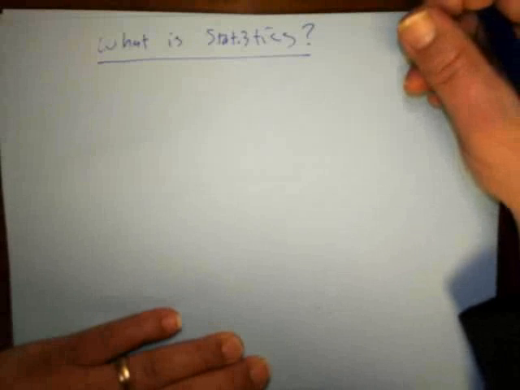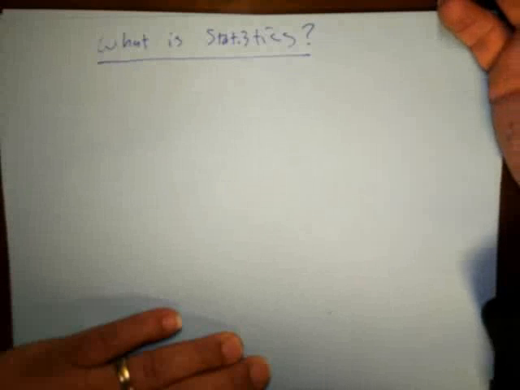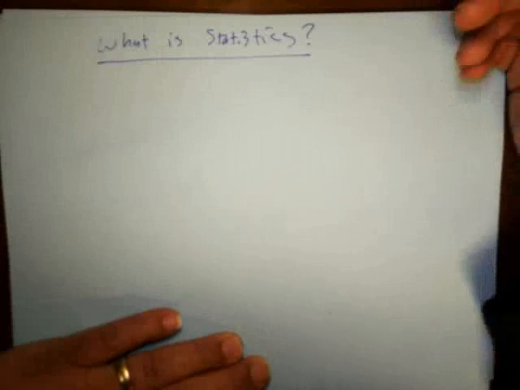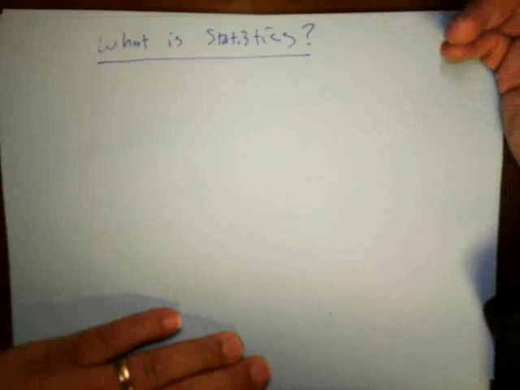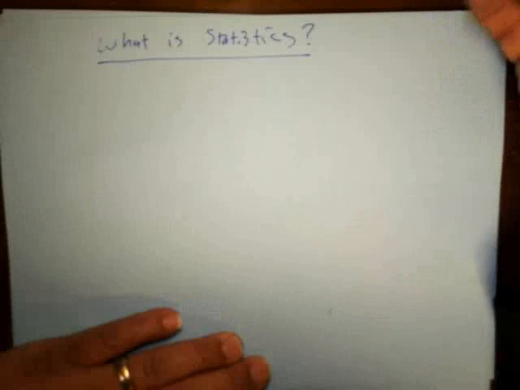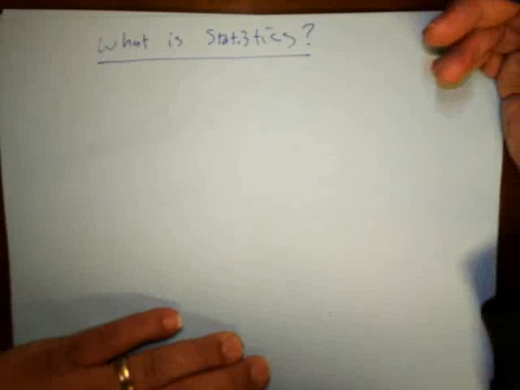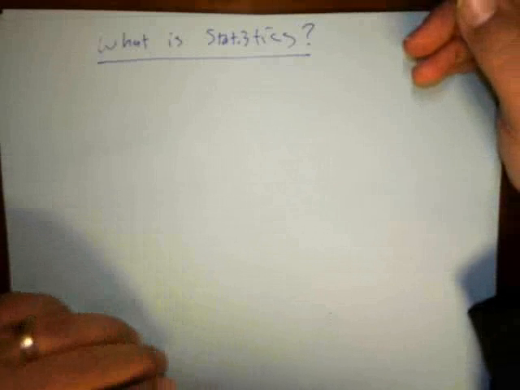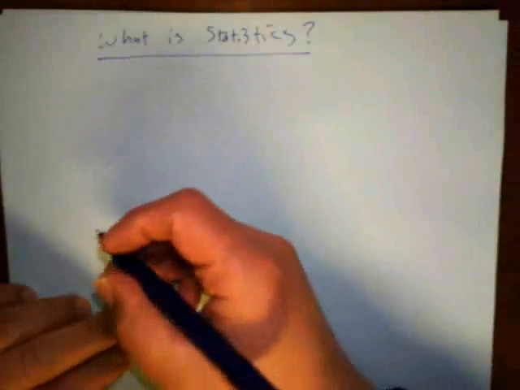A lot of times people are limited to just a few things like that in their mind, and what they don't realize is that statistics is actually a tool that helps us organize and draw information out of data so that we can make well-informed decisions. And that is really the main idea behind statistics, that it is a useful tool.